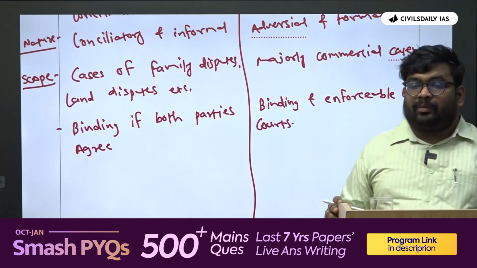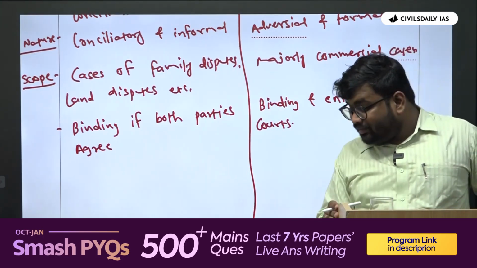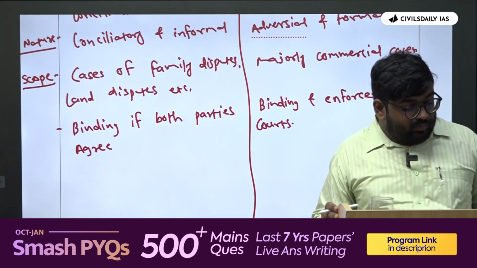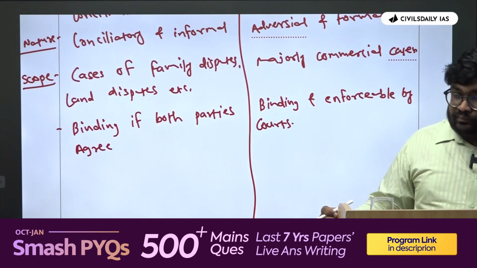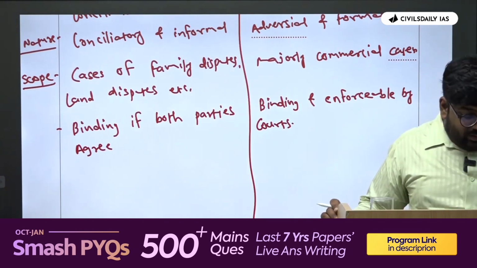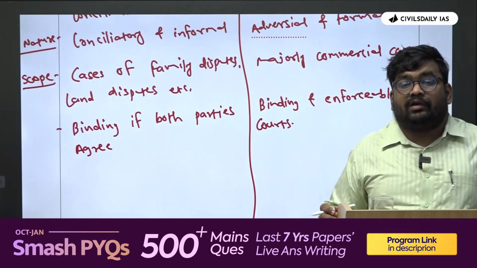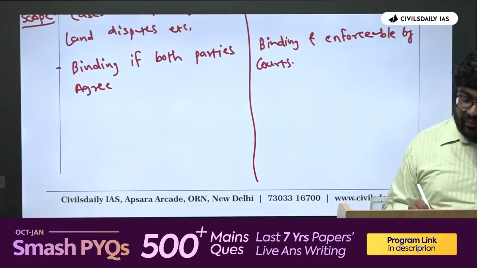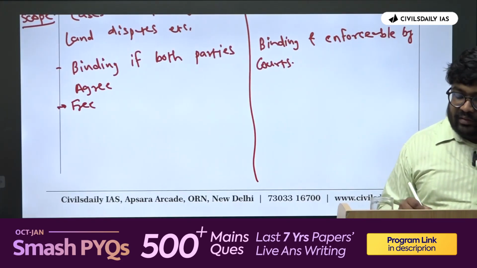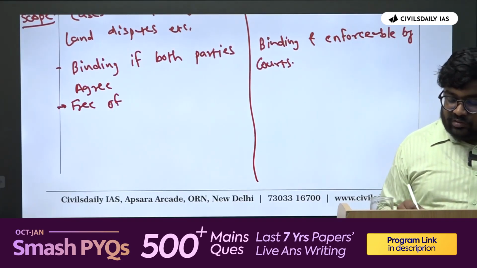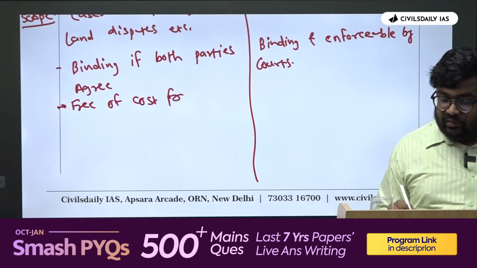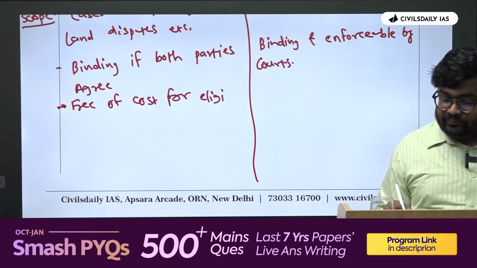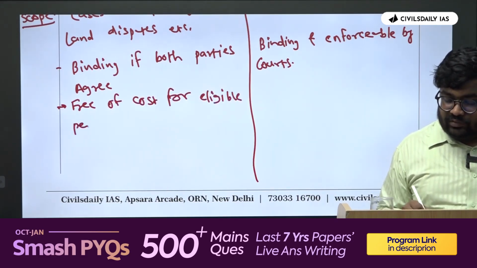So the scope of the arbitration tribunal with respect to binding judgment is more. And we have talked about cost effectiveness. So it is absolutely free of cost for eligible persons.